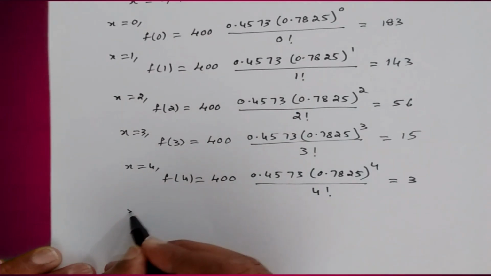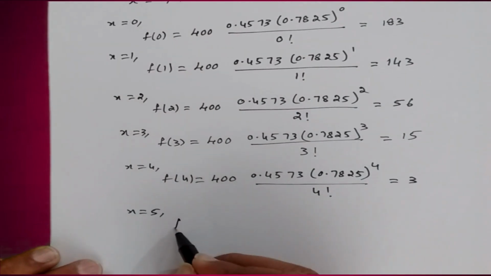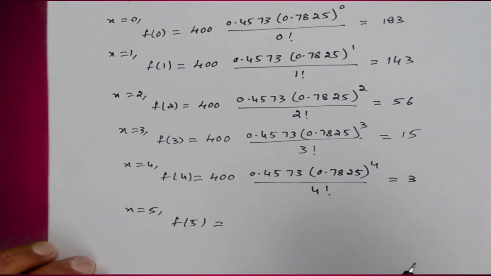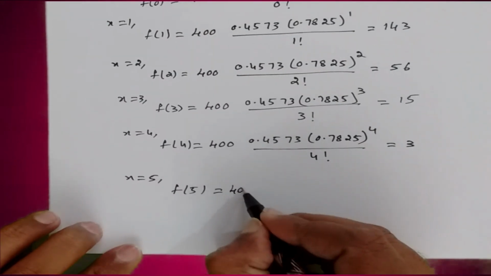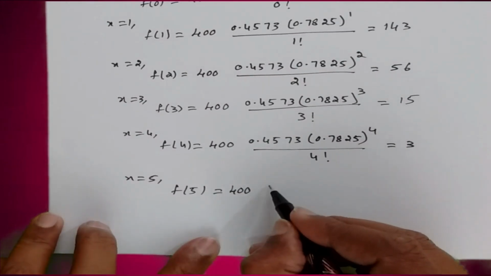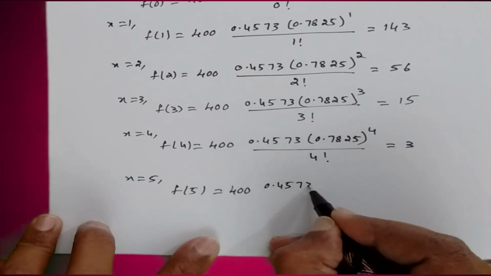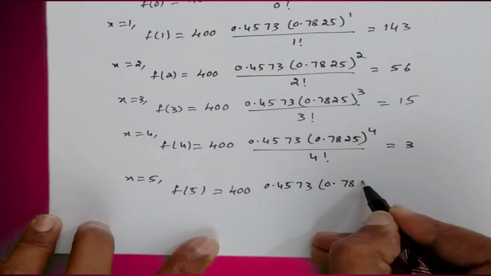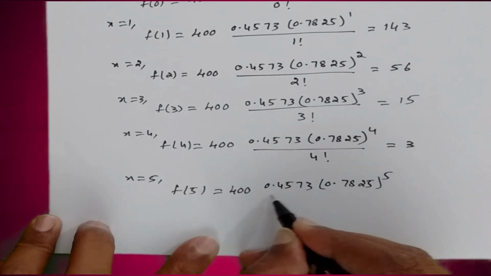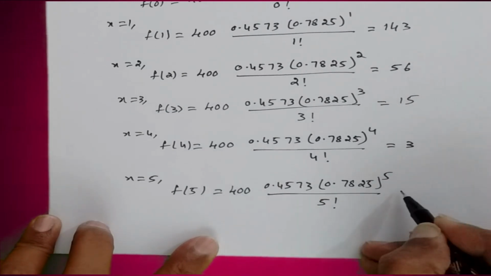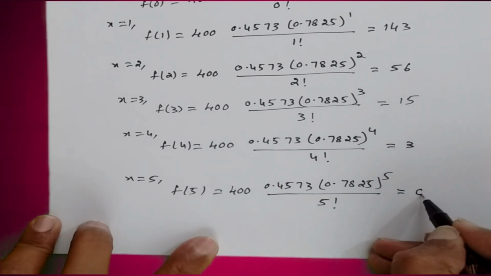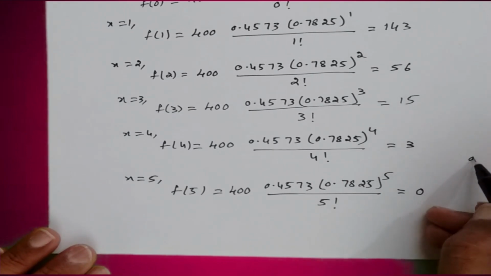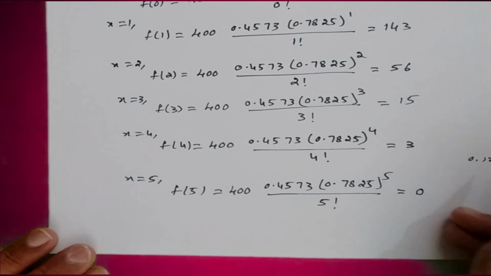Then you have x equals 5. So f of 5 will be 400 times 0.4573 into 0.7825 whole power of 5, whole divided by 5 factorial. Are you getting the value to be equal to 0? You might be getting point something, maybe 0.123 or so on.